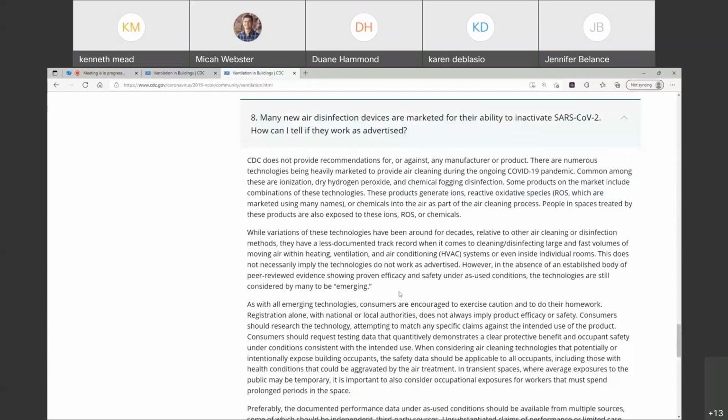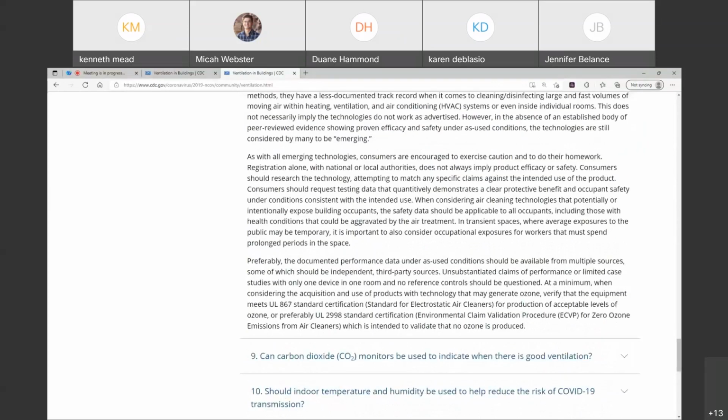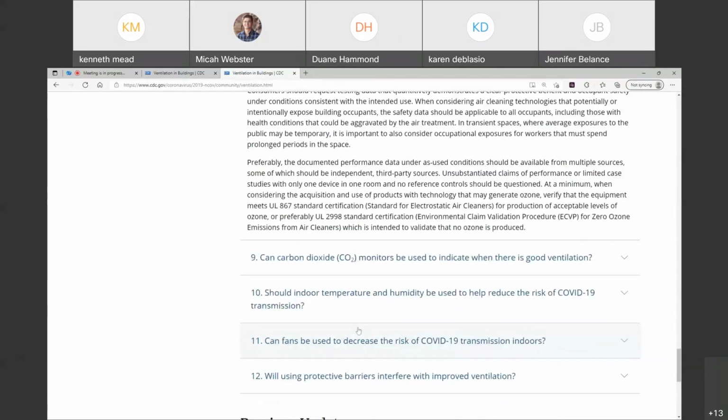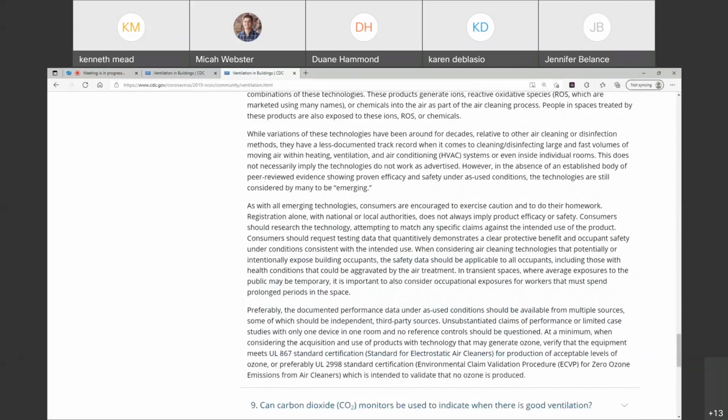Again, we have a fine line to walk, but we can help identify whether this is an accepted known technology on the CDC list of identified interventions, or an emerging technology that's going to require you to do more homework. There are other FAQs on there, but I'm not going to go through each of them. You can see them and they may inspire your own questions, but at this point, I think we're ready to switch over to any questions and answers.